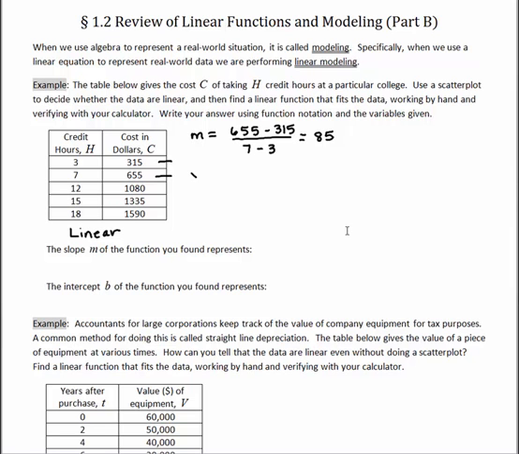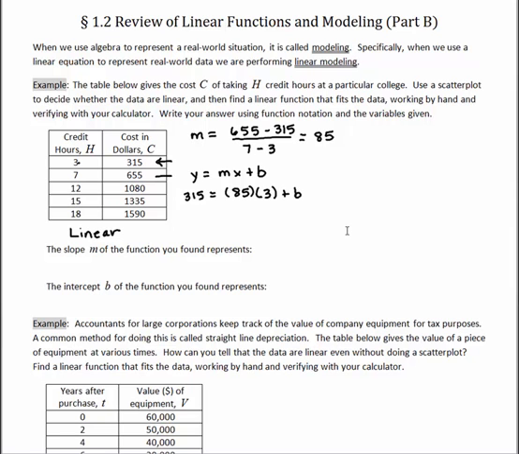To get the y-intercept, I'll use y equals mx plus b. And it doesn't make any difference which point I put in. I'll go ahead and use the first one. Y is 315. We just found out that m was 85, and the x over here is 3, plus b.